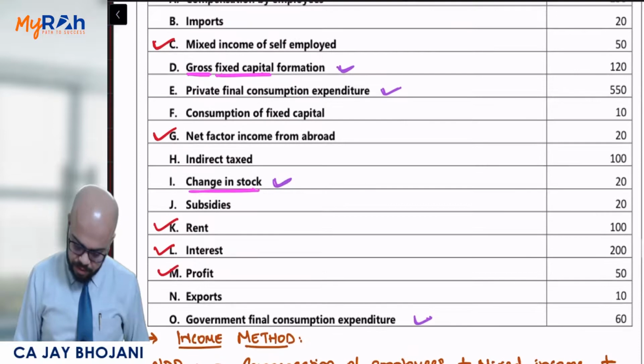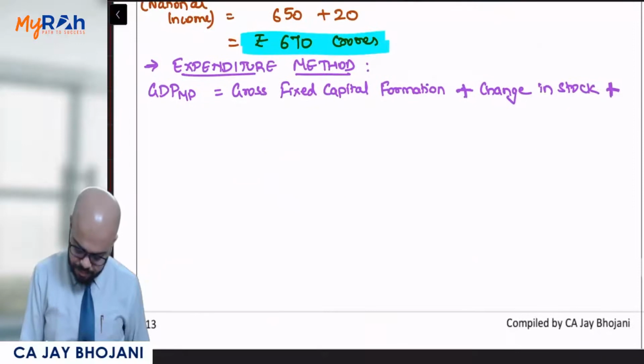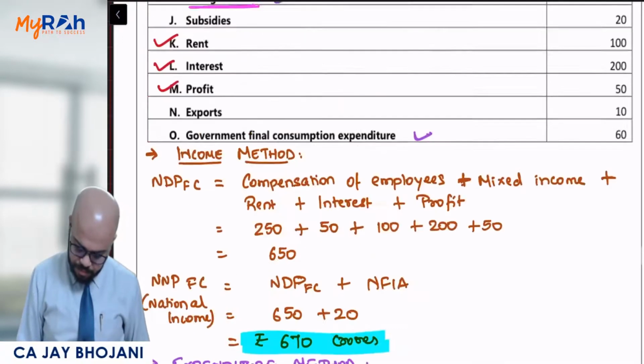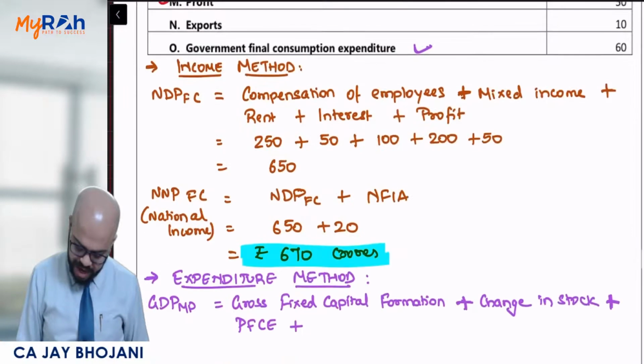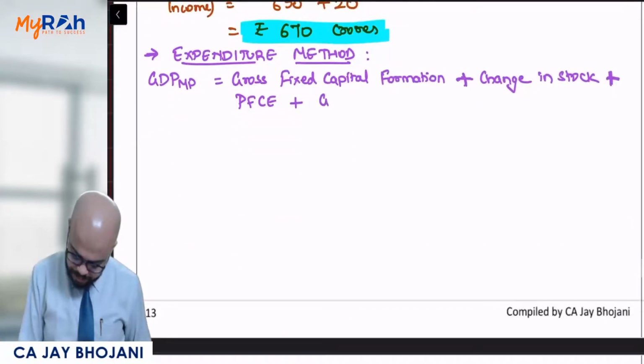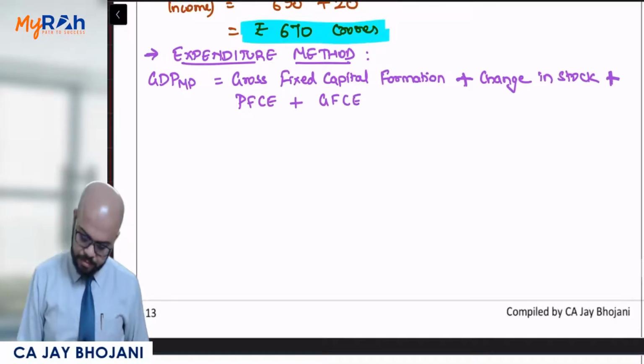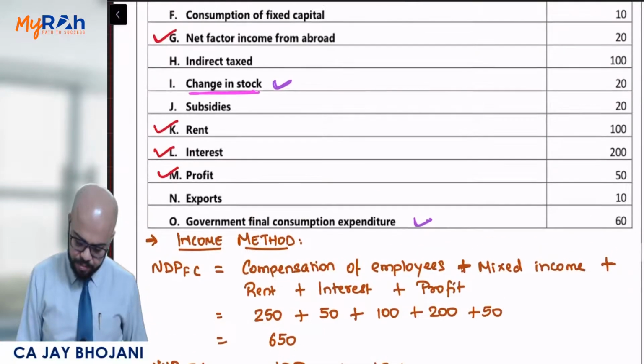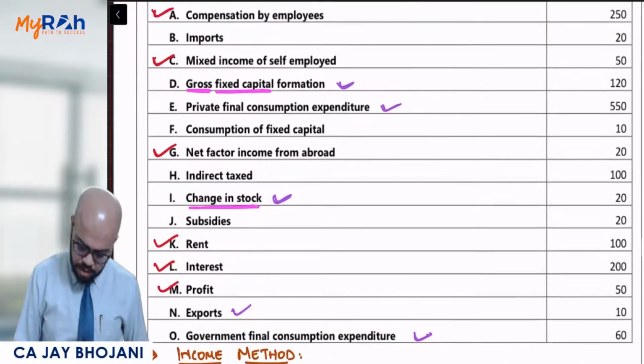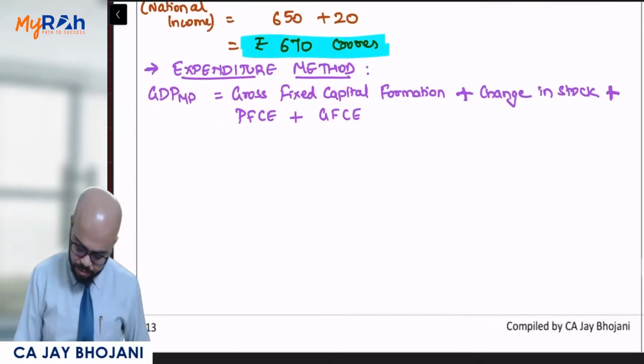Then PFCE, change in stock we have already covered, and GFCE. Do we have exports and imports? Yes, we have exports and imports. So net exports, so plus exports minus imports. This will give us GDP at market price.